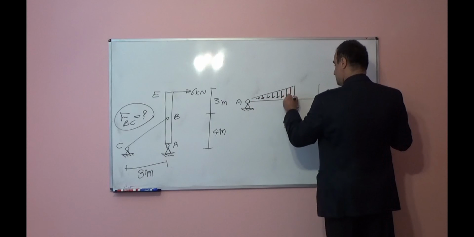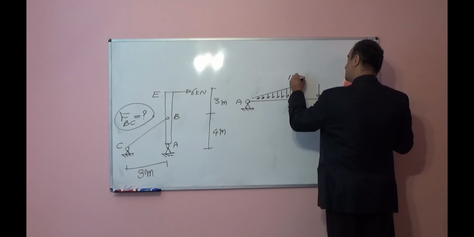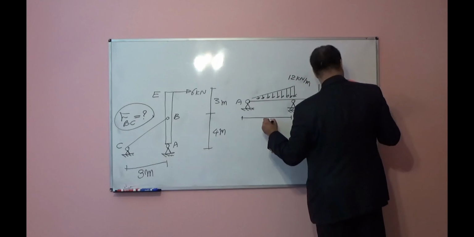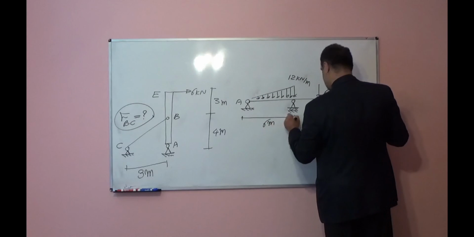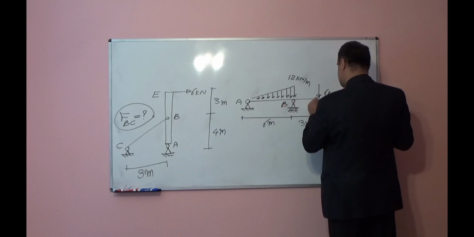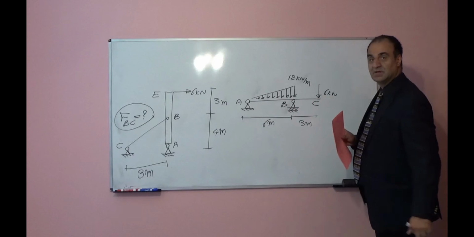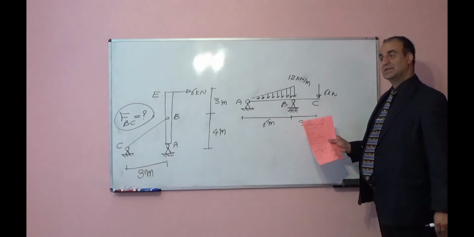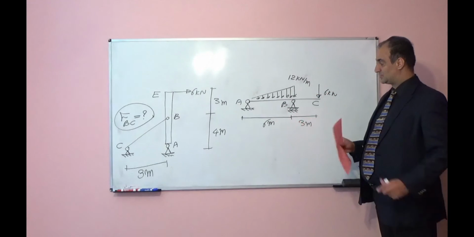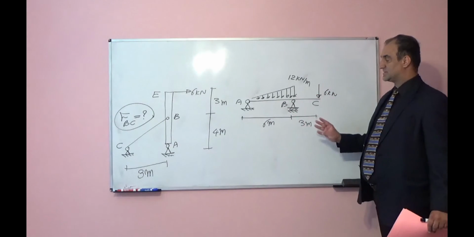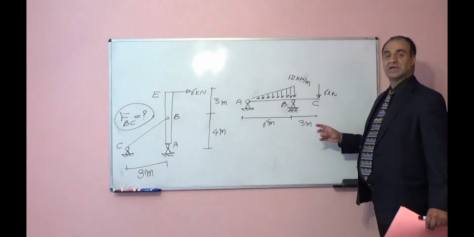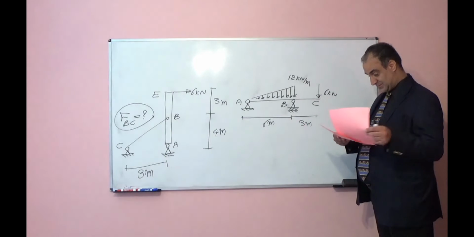The maximum intensity is 12 kilonewton per meter. 6 meter, 3 meter, A, B, C. For this beam, first find reactions, then draw the shear force diagram and bending moment diagram.